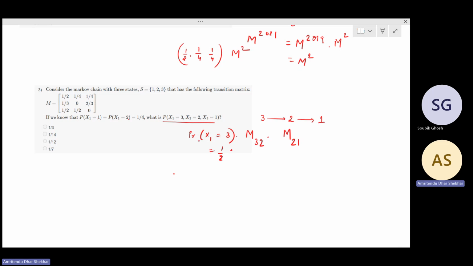M32 is given to us as half, and M21 is 1 by 3. So the correct answer is 1 by 12.